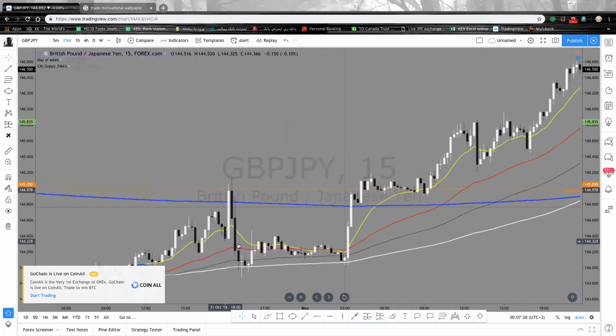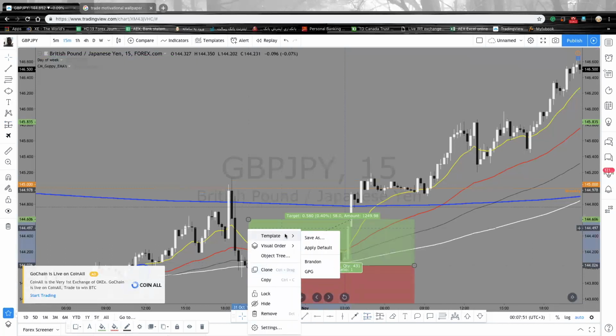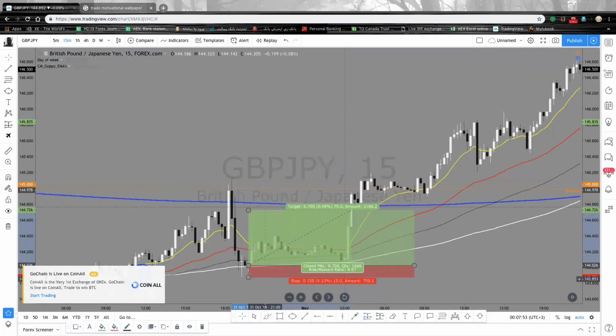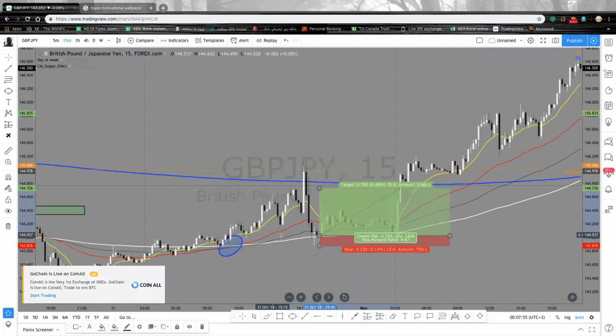Price comes down, 3 candles, try to break them, not successful, retest. I buy this sell candle right here with my 10 to 15 pip stop loss, and I don't even see drawdown.